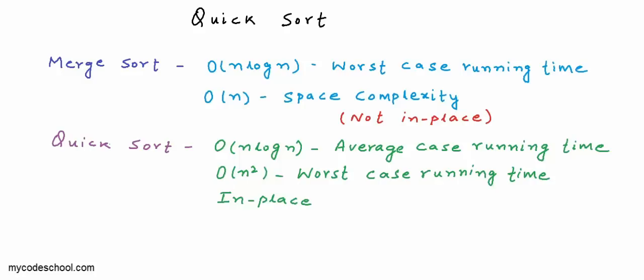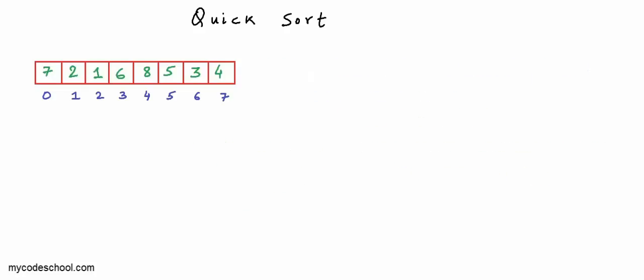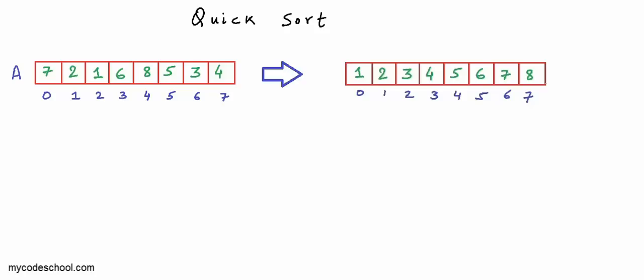Once again, I'll take a very simple sorting scenario. Let's say we have a list of integers given to us in the form of an array, something like this. I'll name this array A, and we want to rearrange this list in increasing order of the value of the integers. Now in Quicksort, what we do is we first select one of the elements from the list, and this can be any element.